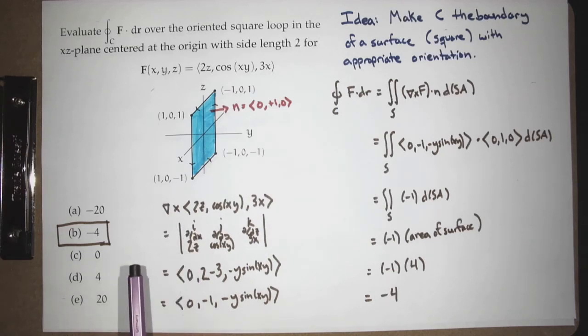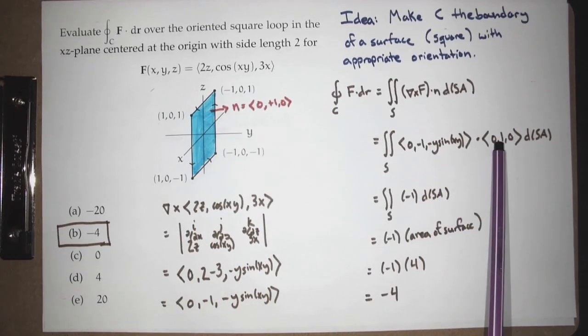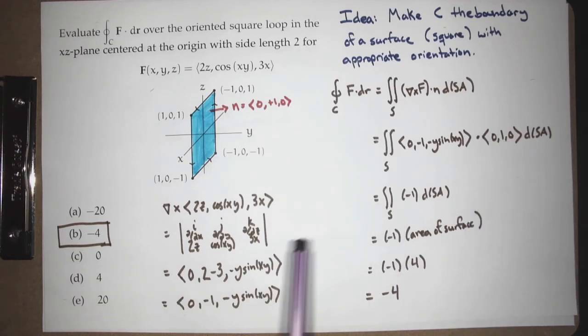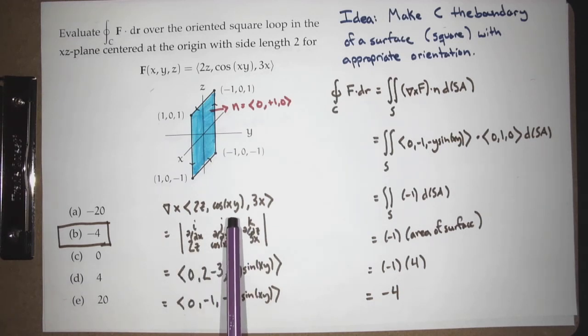And we really only care about the middle entry because that's the only one that's going to come into play with the dot product. So middle entry, you have j partial z of 2z. That's where your 2 comes from. j partial x of 3x. That's where your 3 comes from. But you have to remember there's sign changes. So in one direction you add, one direction you subtract. So it's a 2 minus 3, which makes it a minus 1.